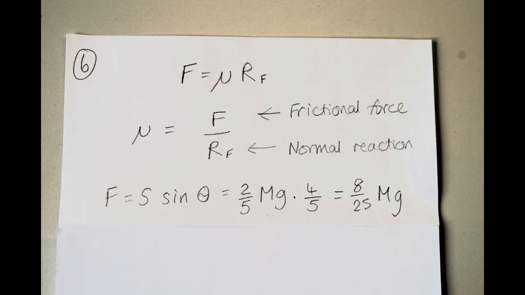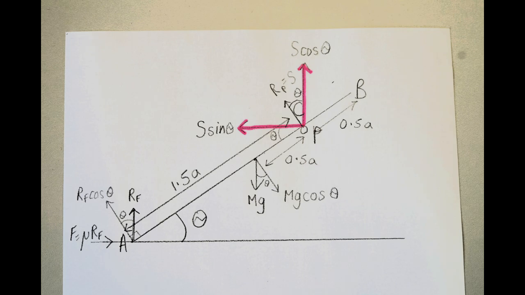Similarly, Rf, the normal reaction that we're looking for to put in the denominator to find mu, equals all of the forces downwards. So this is a combination of mg, which is acting downwards, and the other component of S, which is S cos theta.